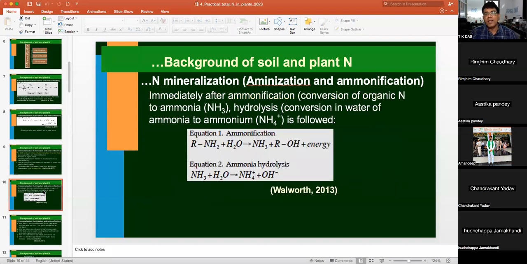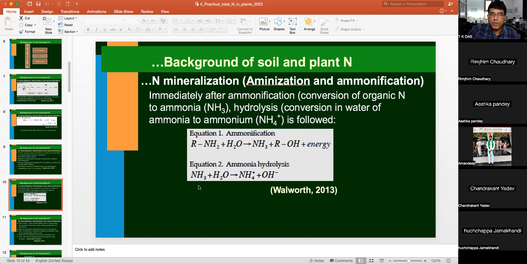Now, coming to the next stage, immediately after ammonification, now you get nitrification. Ammonification is the conversion of organic nitrogen to ammonia, and then hydrolysis, conversion in water of ammonia to ammonium, follows.